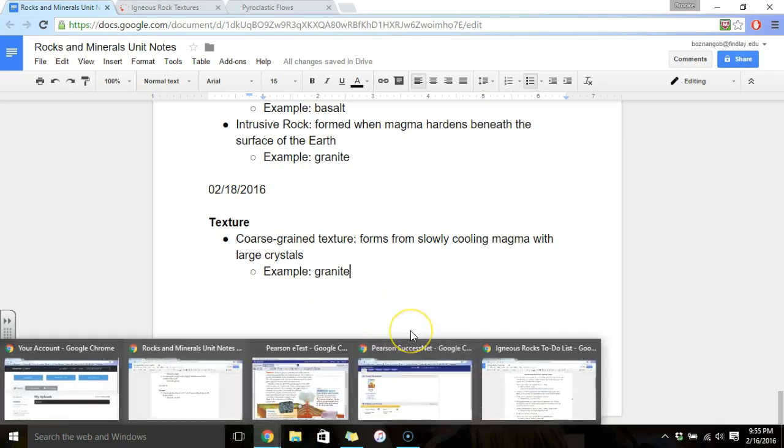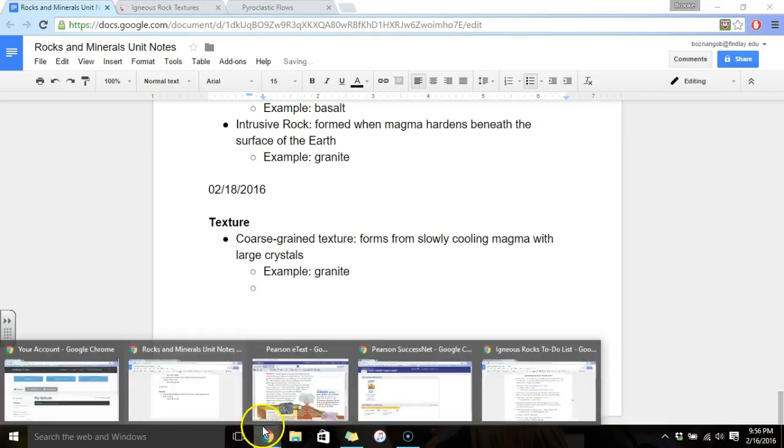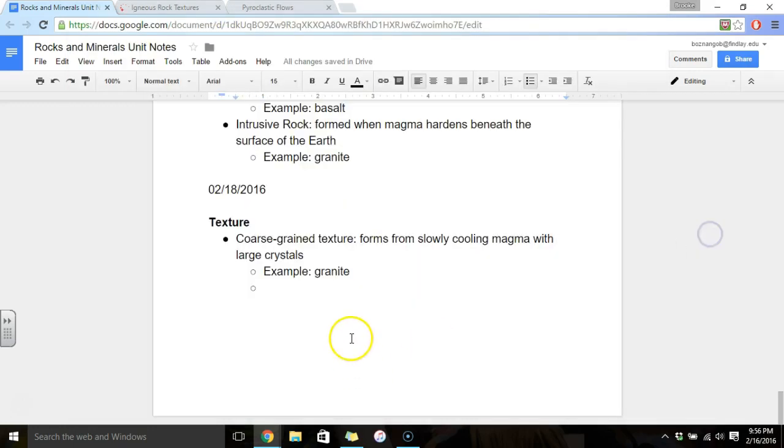I'm also going to put one other thing underneath coarse-grained. In our reading, it talked about how, for example, intrusive rocks have larger grains than extrusive rocks. So that tells me that intrusive rocks tend to be coarse-grained.